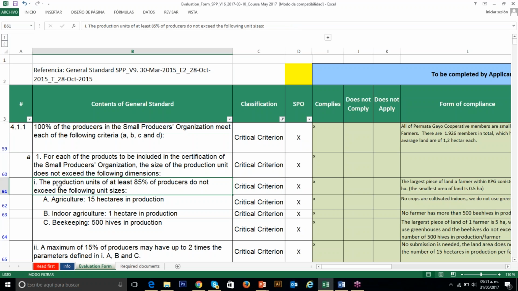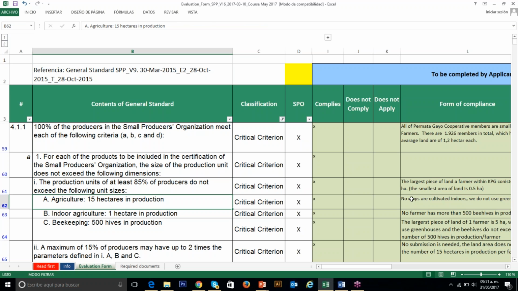Letter I, the production units of at least 85% of producers do not exceed the following unit size. Yesterday we reviewed the general standard, and this is one of the most important criteria. Remember that 85% do not exceed 15 hectares for agriculture.